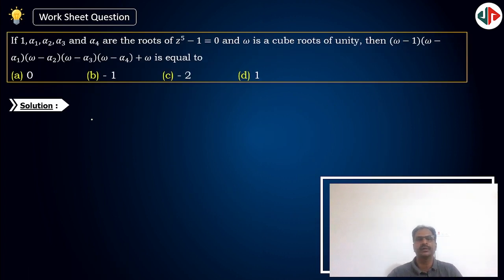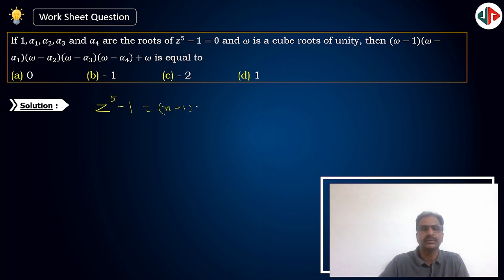Let 1, alpha 1, alpha 2, so on, up to alpha 4 be the roots of the equation z power 5 minus 1 is equal to 0, and omega is cube root of unity. Then x minus 1, x minus alpha 1, x minus alpha 2, x minus alpha 3 into x minus alpha 4.